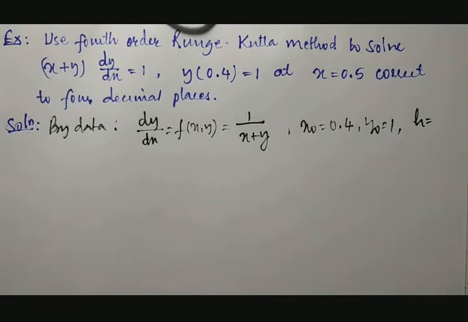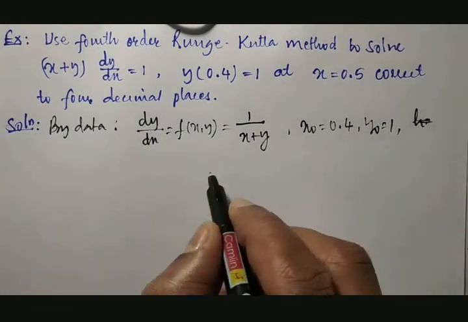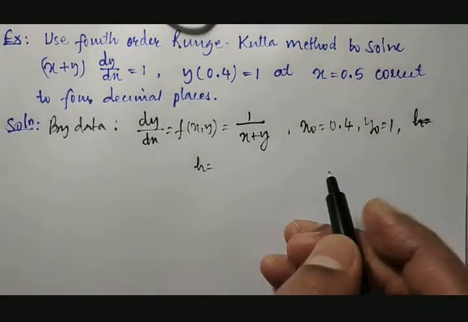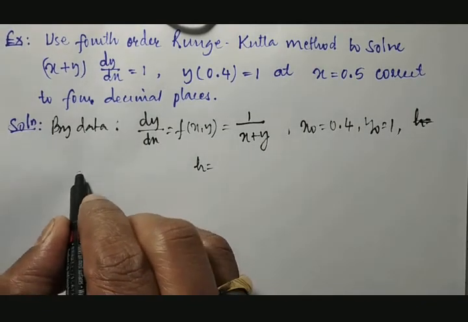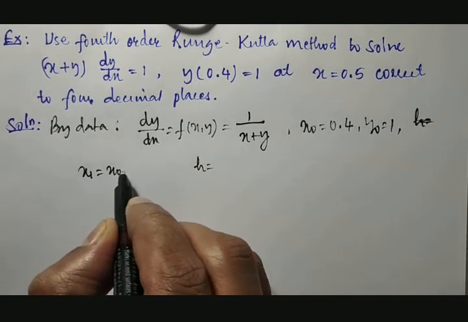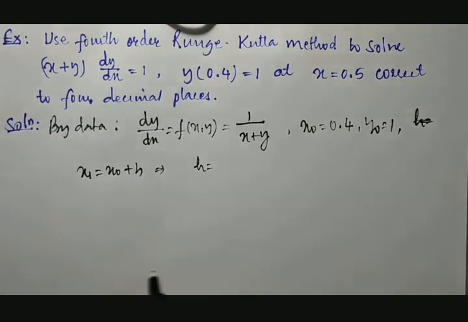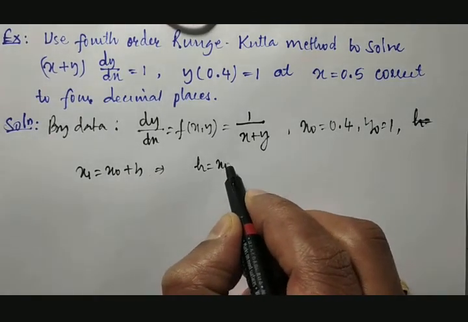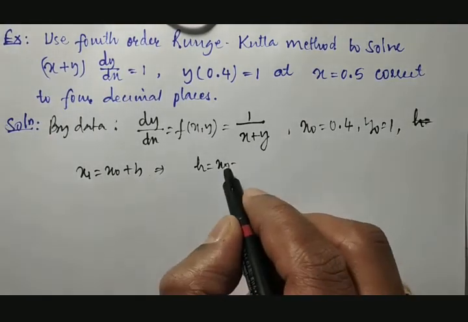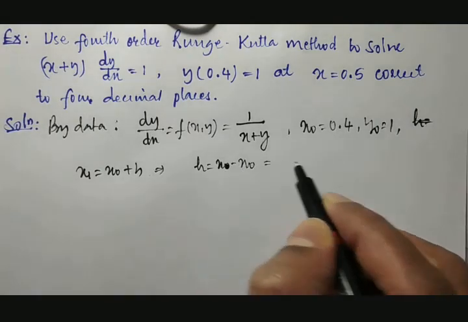How will it be calculated? Step length h: we know that x1 is equal to x naught plus h. Fine. So h is equal to x minus x naught.